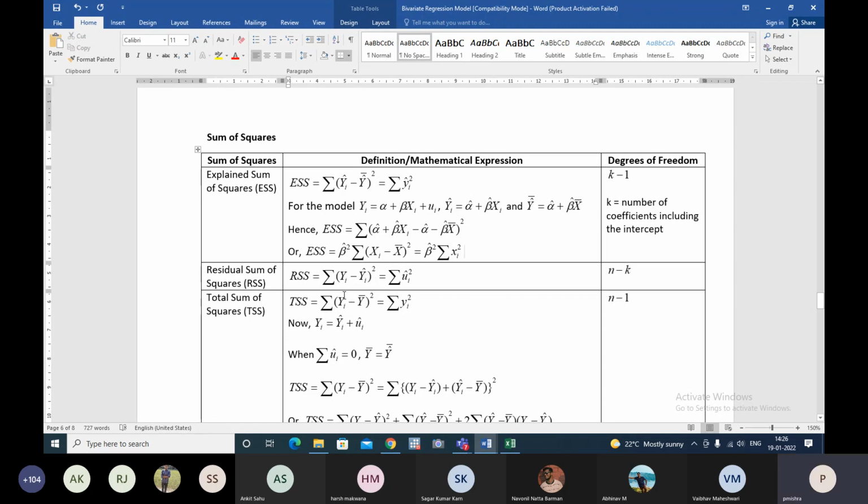Variation of y from its arithmetic mean. Why is there a variation in consumption expenditure? To what extent is it because of income? In regression analysis, we basically try to answer some such questions.